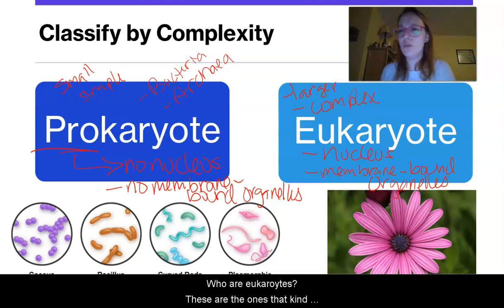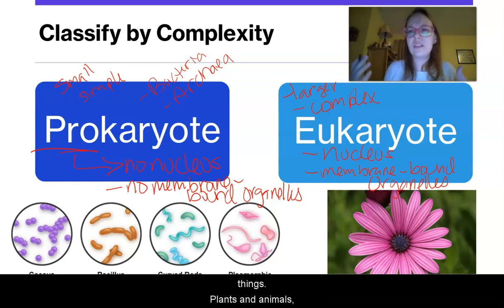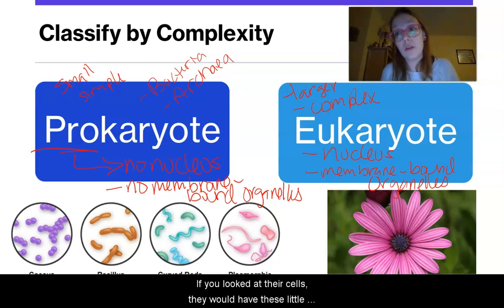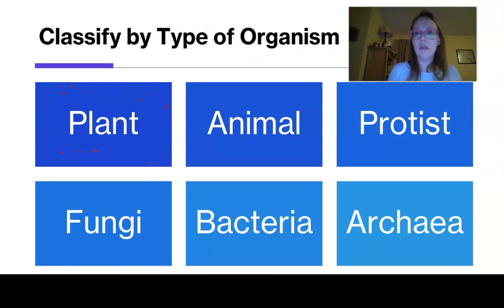So who's a eukaryote? These are the ones that come to mind first when we think about cells and living things. Plants and animals, things like that. This pretty little flower down here on the bottom would be considered a eukaryote. If we looked at those cells, they'd be large, complex. They would have these membrane-bound organelles and that really nice distinct nucleus.